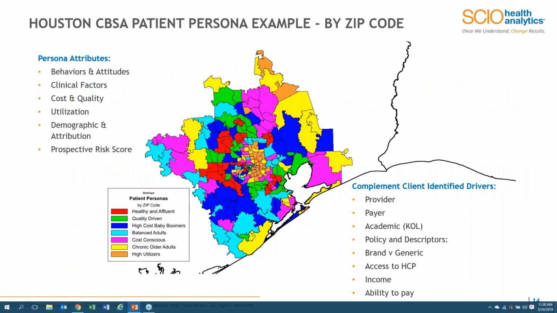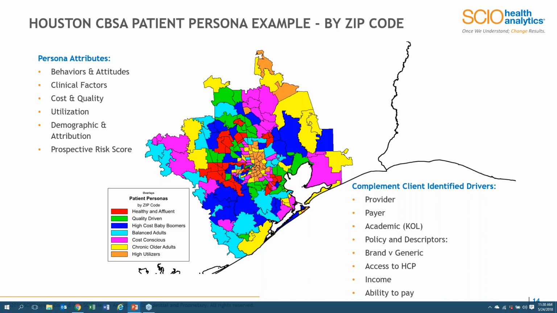Great, thanks, John. Yeah, so as John said, this map here is diving down into a metropolitan area. This happens to be the Houston CBSA, and we're actually showing the predominant persona types at the zip code level. So as we said earlier, we can show personas at many different levels of geography, but since they're built from zip codes, that's our core way of showing the personas within a particular area.